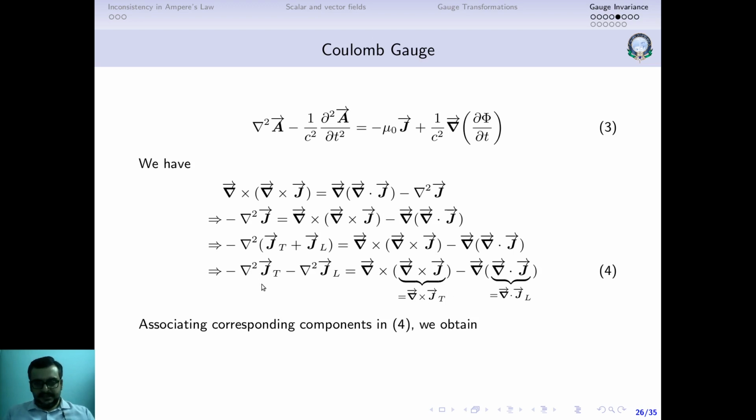Minus Laplacian of JT must be equal to curl of J, and minus Laplacian of JL must be equal to minus gradient divergence of J. So Laplacian of JT is equal to minus curl of J, and Laplacian of JL is equal to gradient divergence of J. Call these equations 5 and 6.